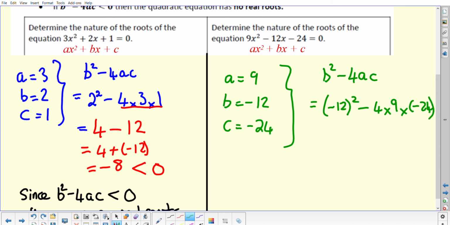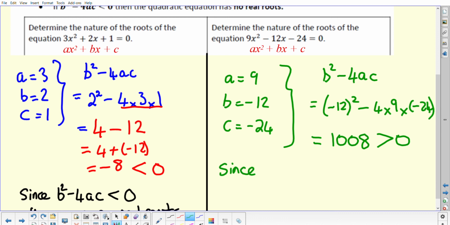Can you please make sure that you use brackets, particularly round your negative numbers like this on your calculator, particularly when you are squaring. It's very, very important. If you do that, you end up with the value of 1008, which is clearly greater than 0, and in that particular scenario you will end up with 2 roots.